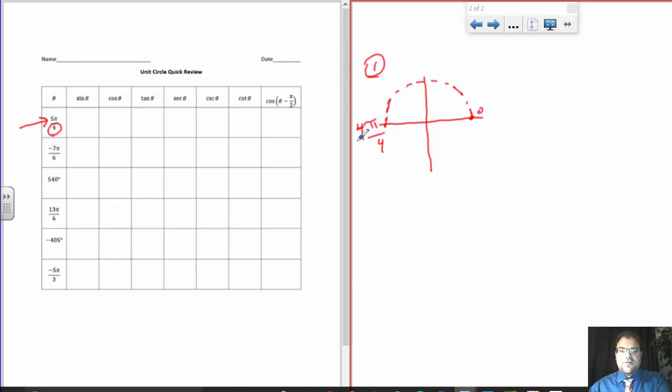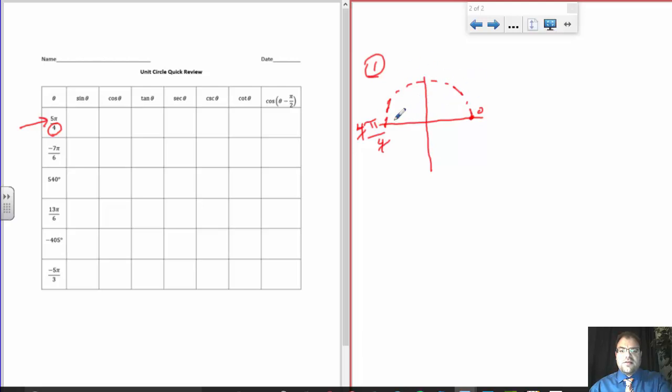So 4 pi over 4 is the same thing as pi. It's a half circle. What you're imagining is that pi over 4 is a piece of space, and we have 4 of those pieces, 4 pi over 4, which gives me that half circle. So there's 4 equally spaced pieces inside this half circle.